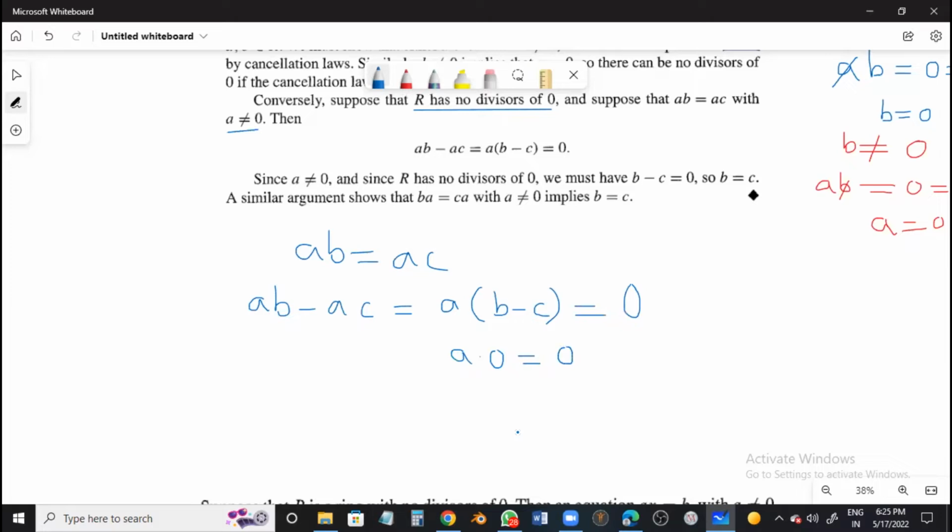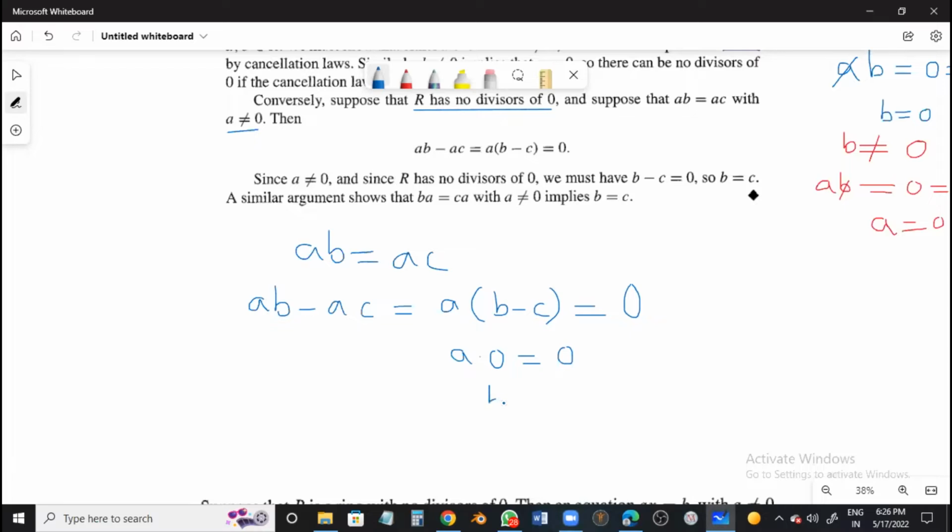Do you agree? Because R has no zero divisors, it is not possible that two non-zero numbers multiplied together produce 0. So A should multiply by 0 and then only the result will be 0. That's why B minus C must certainly be 0.